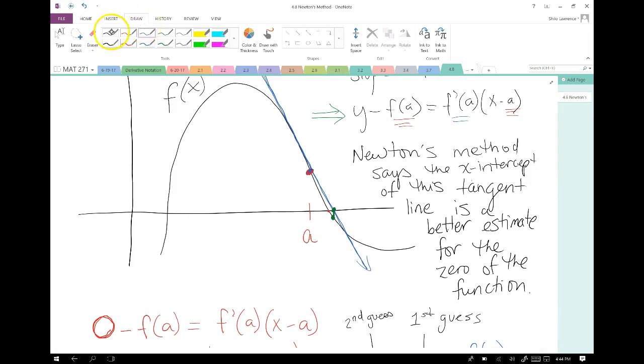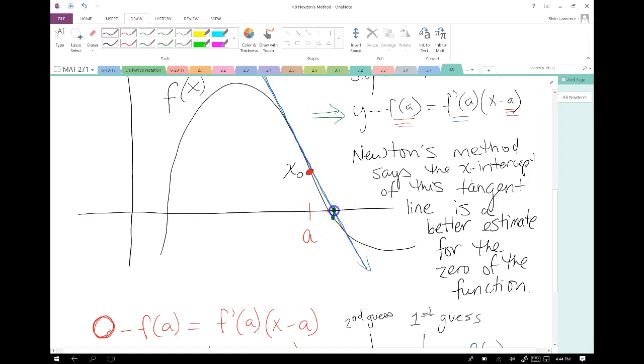So I might have to start changing some colors here. So we call this x sub 0 because that's our initial guess. And we follow that tangent line down to its x-intercept. That's x sub 1. And we see where it hits the graph. And that's our x sub 1.